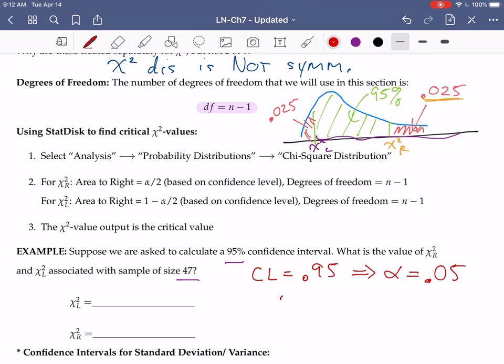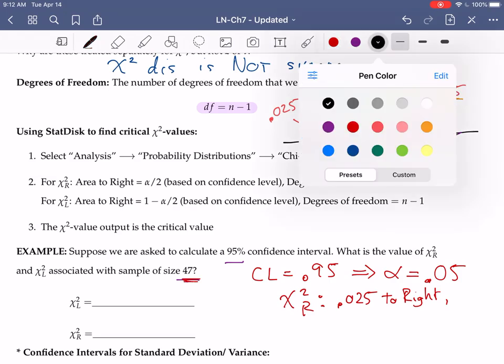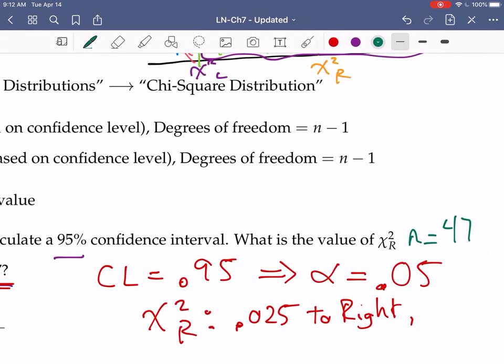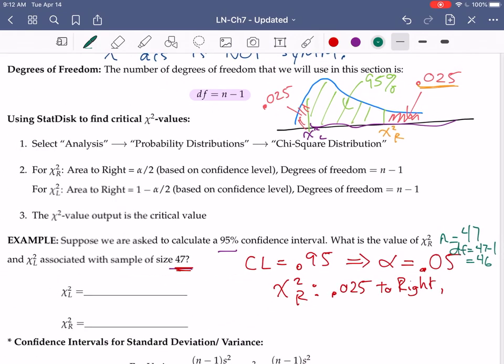And so for chi-squared sub r, that right critical value, we have half of alpha, so 0.025 to the right. That's the area to the right of the value we want. Our sample size is 47, so our degrees of freedom is going to be 47 minus 1, so our degrees of freedom is 46.